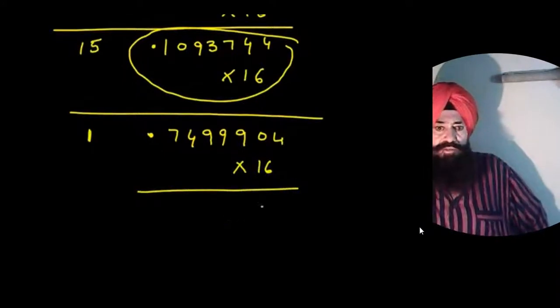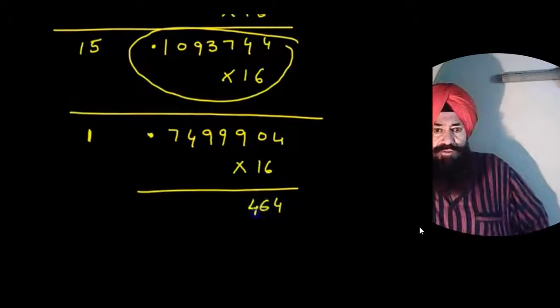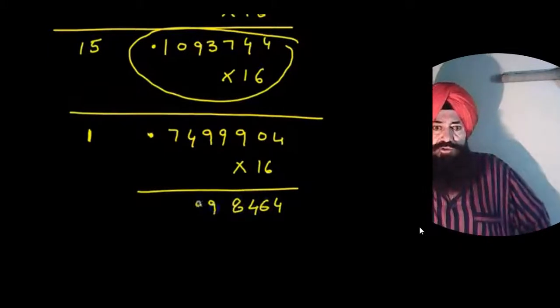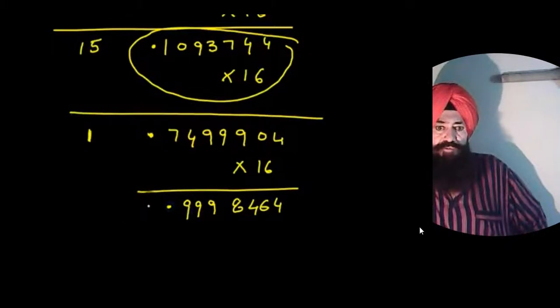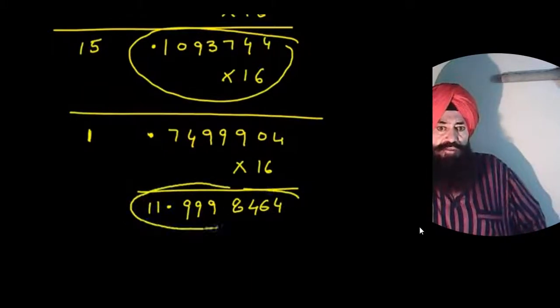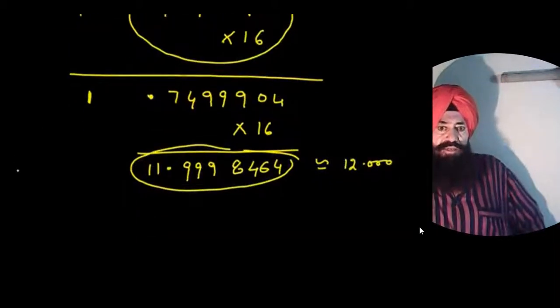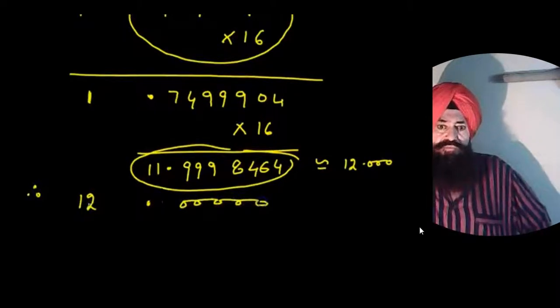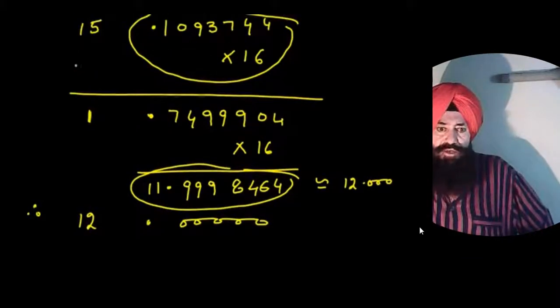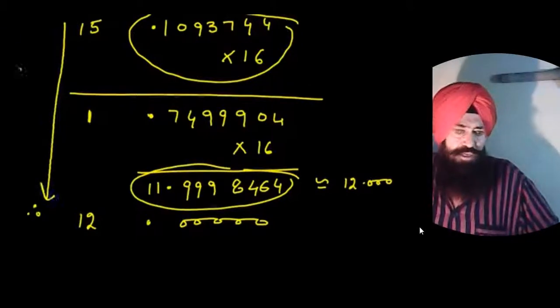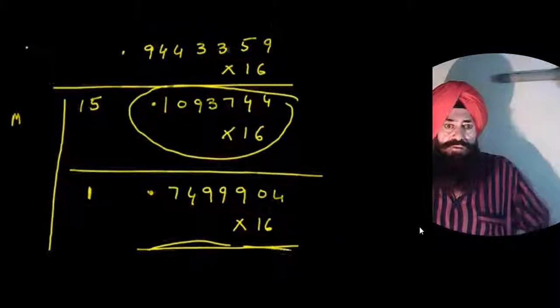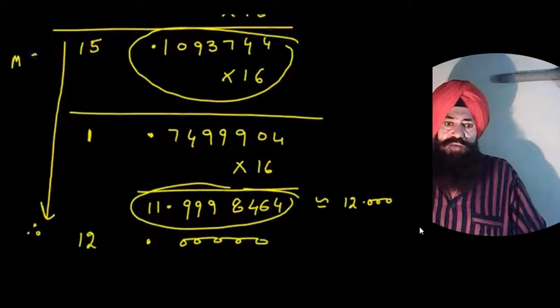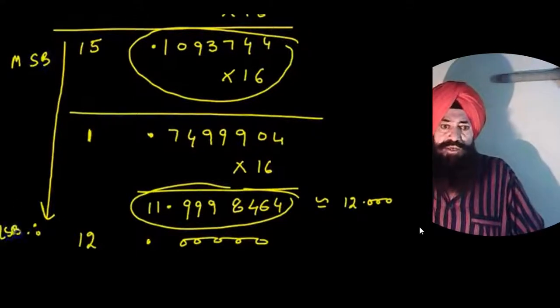Go on till you are left with 0, 0, 0 at the end. If you don't get that, then stop after 5 or 6 places. So 11.99 is approximately 12. Or you can assume that you will get 0, 0, 0, and 12 represents C. Okay, 15 is the most significant bit and 12 is the least significant bit.